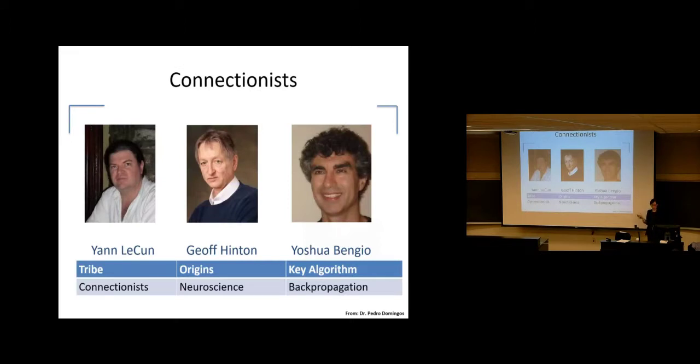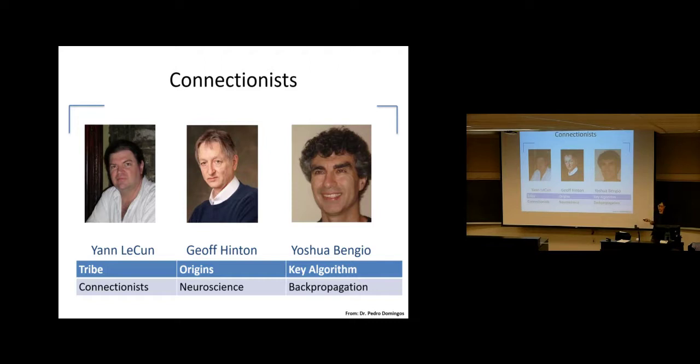All right, so the second crowd is called connectionist. Connectionist, which you guys all know, and they're the more popular crowd now. So it's Yoshua Bengio, Geoff Hinton, Yann LeCun, and they're the last year Turing Award winners because of their contribution on deep neural nets.